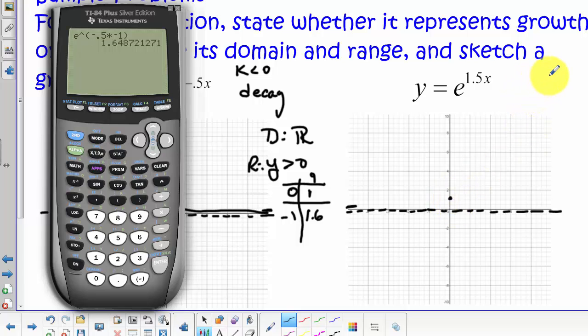So let's put in x equals 1. So y is going to be e to the 1.5. If we calculate that, we get about 4.5. So at 1, we're at 4.5 right here. And we sketch our graph for exponential growth.